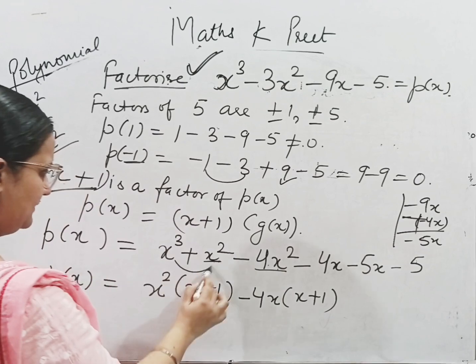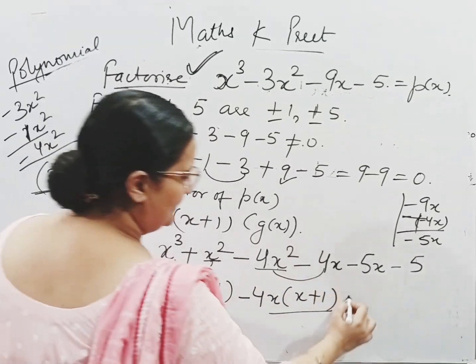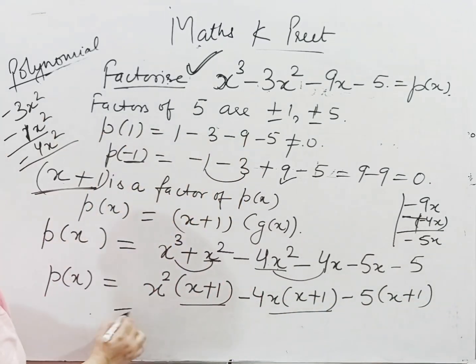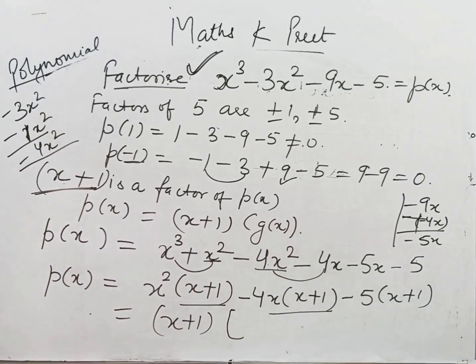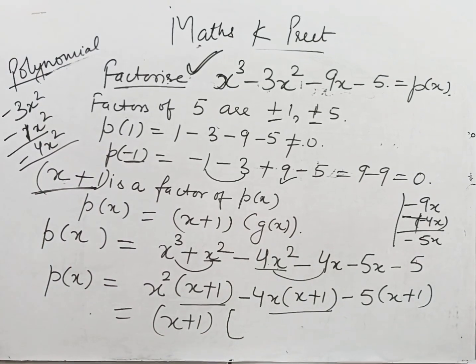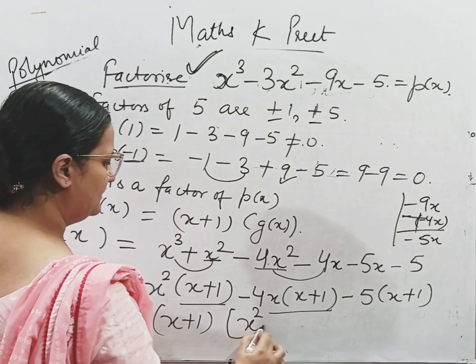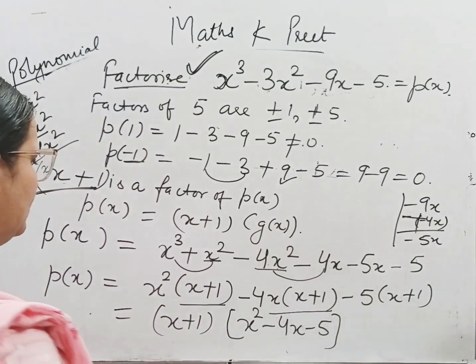So these two terms are giving this, and for the last, I will take minus 5 out, and I am left with x plus 1. So x plus 1 is common in all the terms. We will take this out and write the other factors: x square minus 4x minus 5 inside.